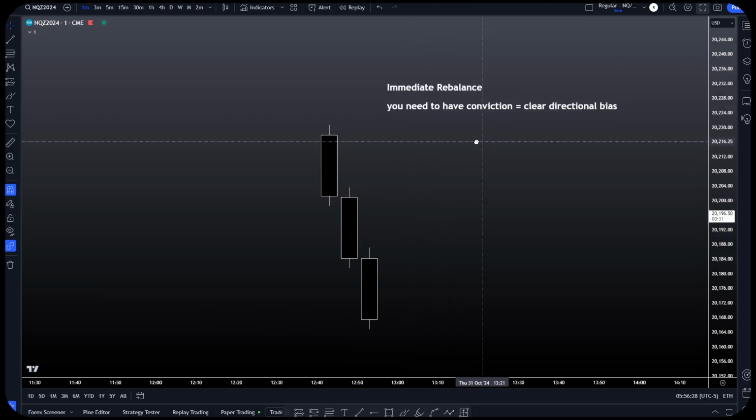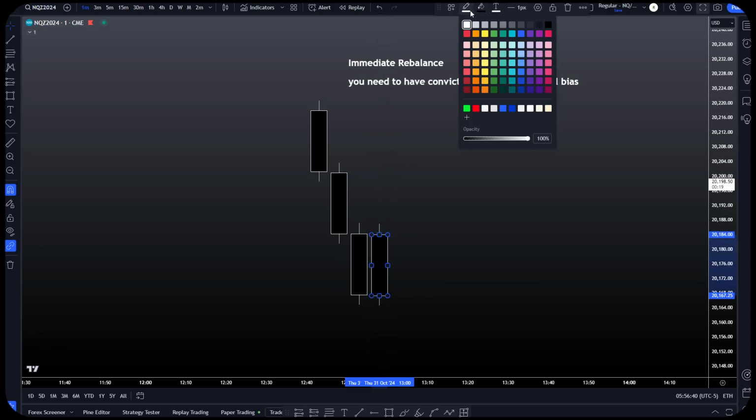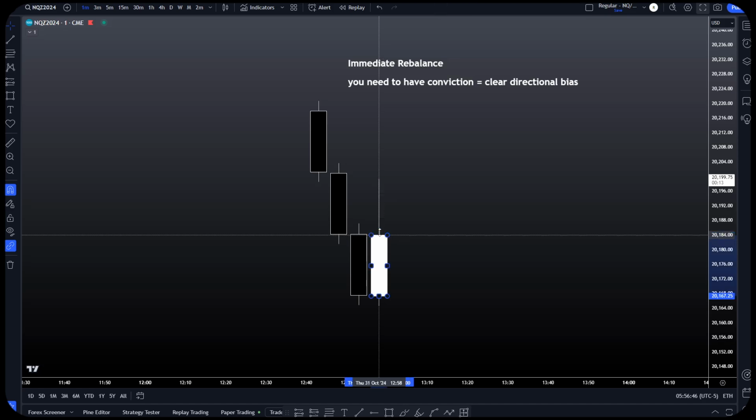Okay, so immediate rebalance. What would be a regular rebalance towards this kind of fair value gap? Let's say the next candle opens here. This one is a white one. So we immediately close this gap with that candle.